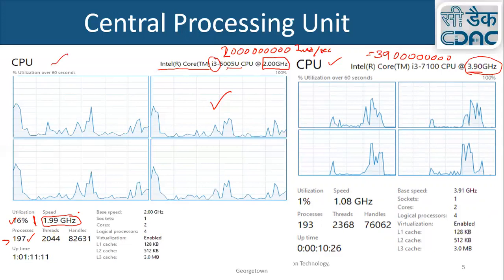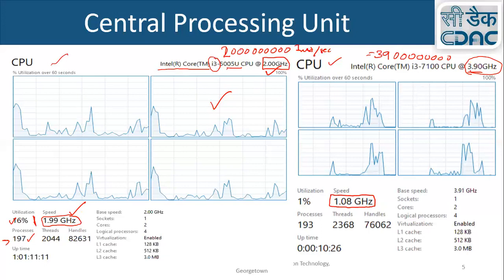Here the speed is written 2.00 gigahertz and the current speed is 1.99, approximately equal to 2.